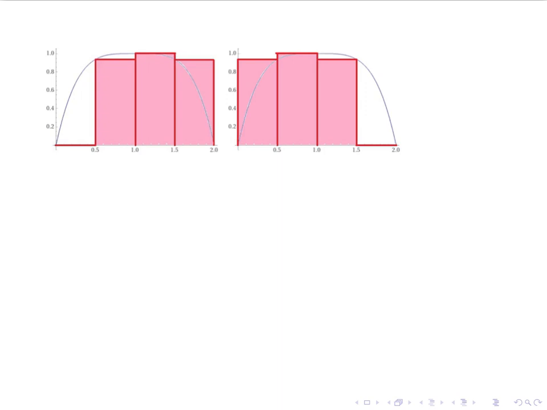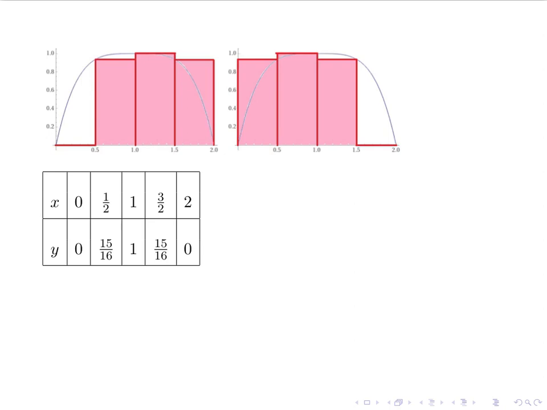And then I've drawn my left and right Riemann sums. So again, each rectangle's height is the left endpoint's height. So if we notice on the first one, the height is 0 because that's where my left endpoint is, versus my first one in my right Riemann sum, which has a height equivalent to my right endpoint.